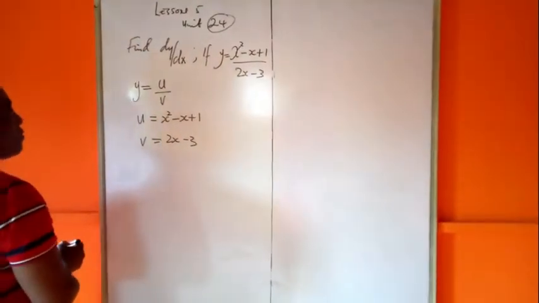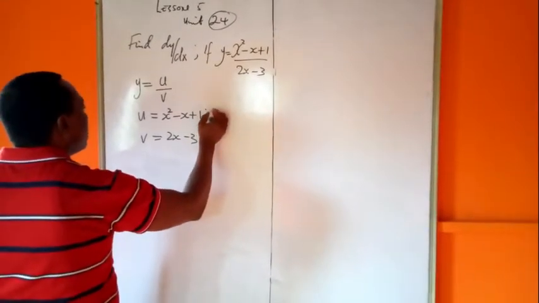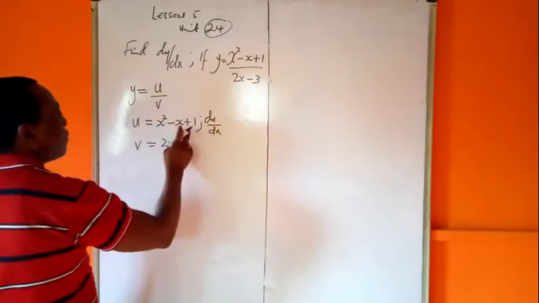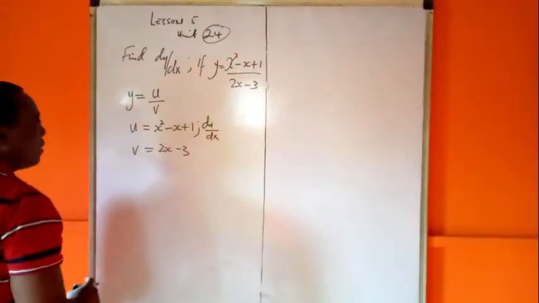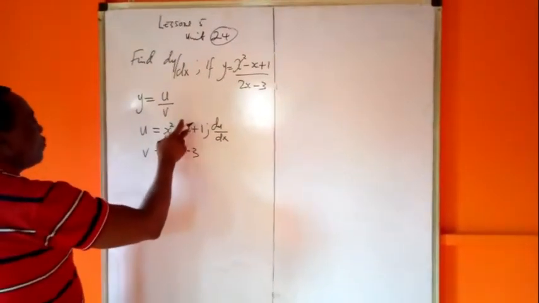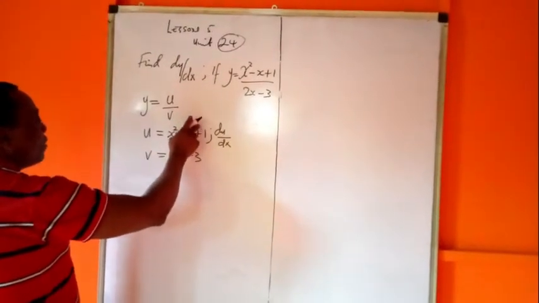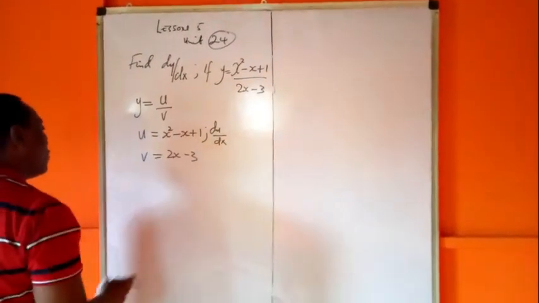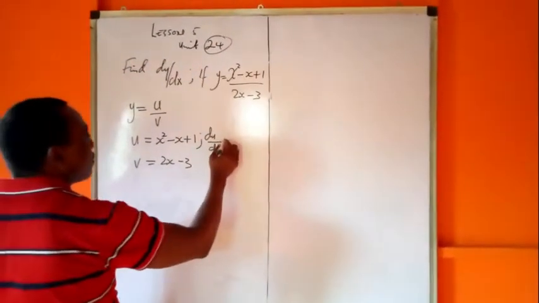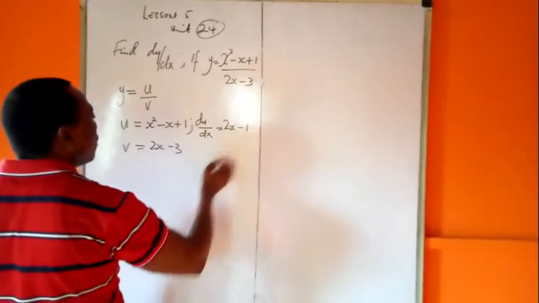Here, we are saying now that the u, the x, differentiate the constant will give you 0. Differentiate this one, it will be 1 into 1 minus 1, will give you x raised to the power 0, which is 1. This one will now become 2x. So here you have 2x minus 1.